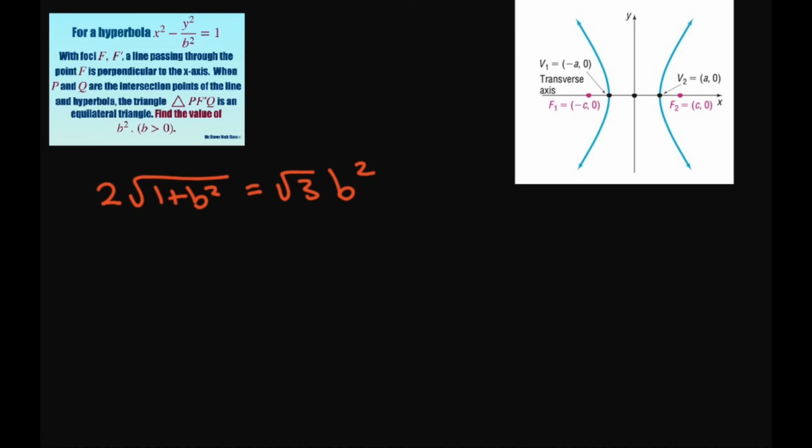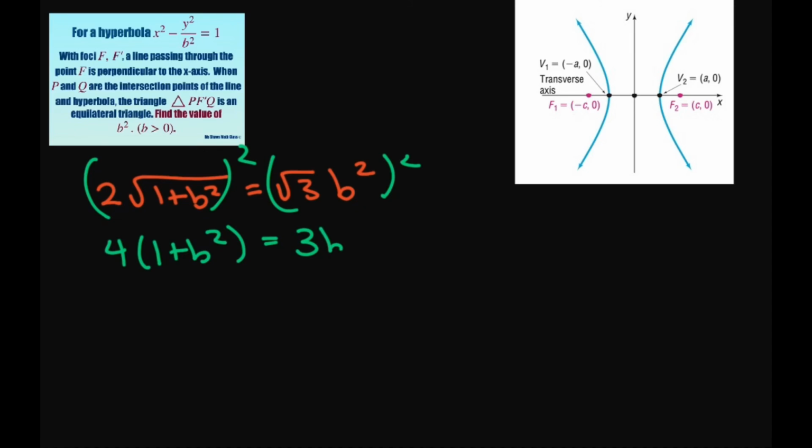At this stage, all we're trying to do is solve for b squared. So let's square both sides. This is going to give you 4 times 1 plus b squared equals 3b to the power of 4. This simplifies to 3b to the power of 4 minus 4b squared minus 4 equals 0.